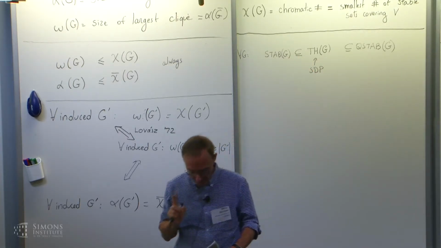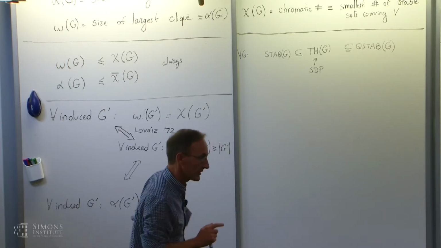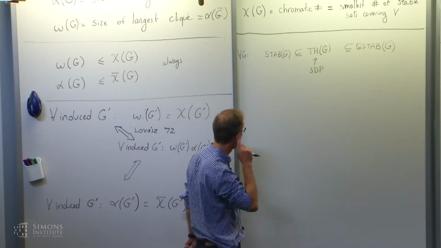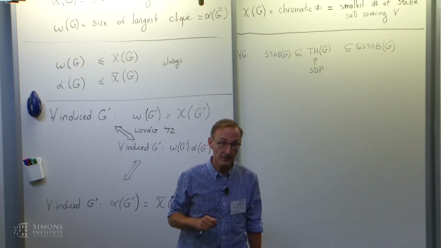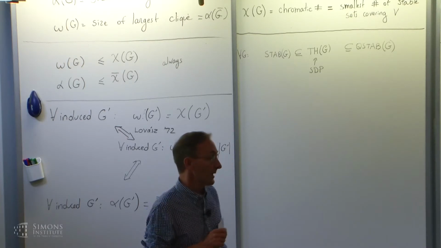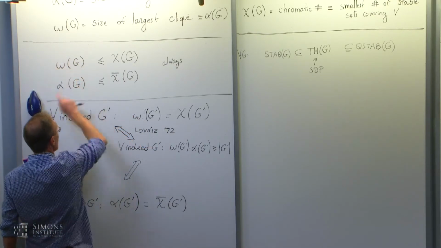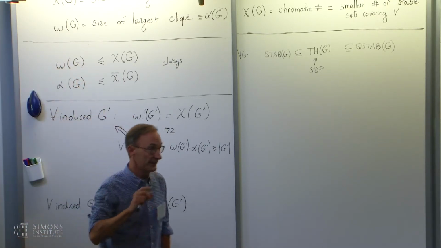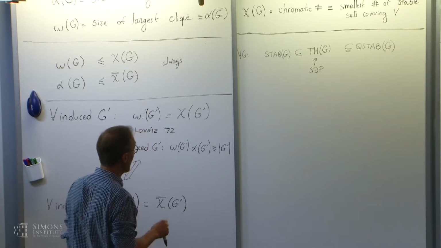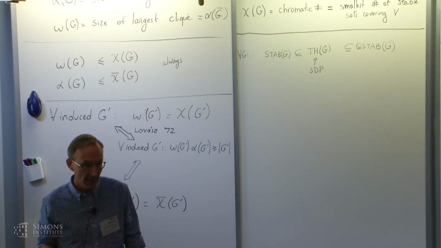Now, I'd like to correct something I said yesterday, which was incorrect. Someone asked a question about the strong perfect graph result and whether that led to an algorithm for computing alpha or omega, and this is not the case. So the decomposition algorithm has been refined, but it has been refined to show that you can recognize in polynomial time if a graph is perfect.